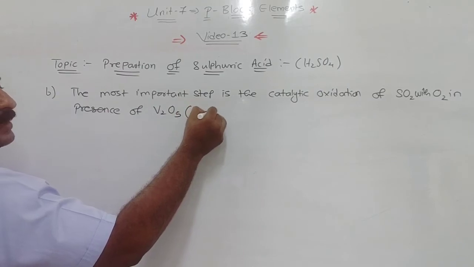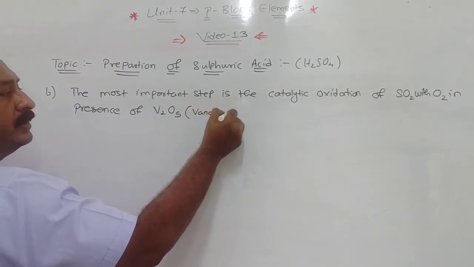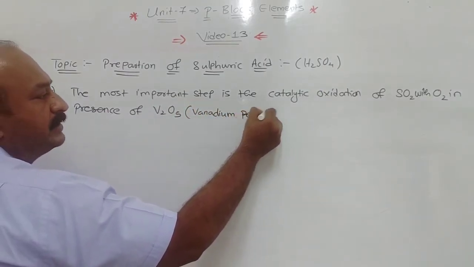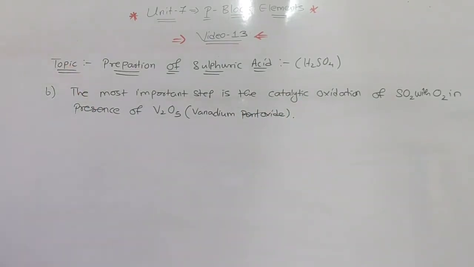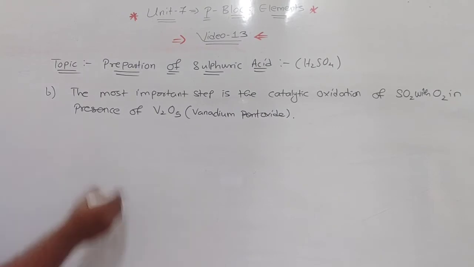V2O5 is what? It is vanadium pentoxide. Understood? This is the most important step that we have seen.